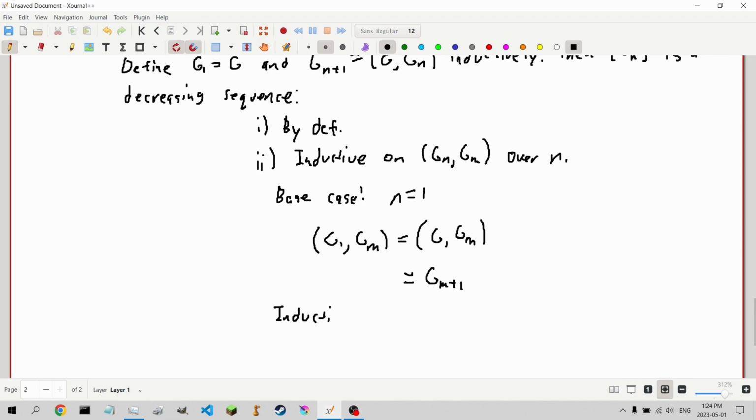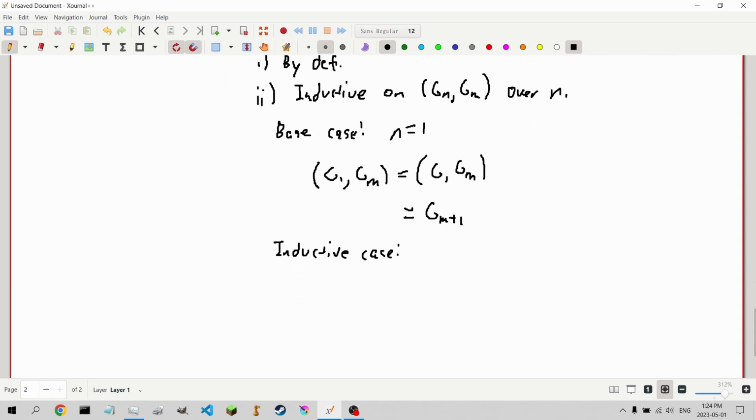Now, for the inductive case, we have the commutator subgroup of Gn and Gm.